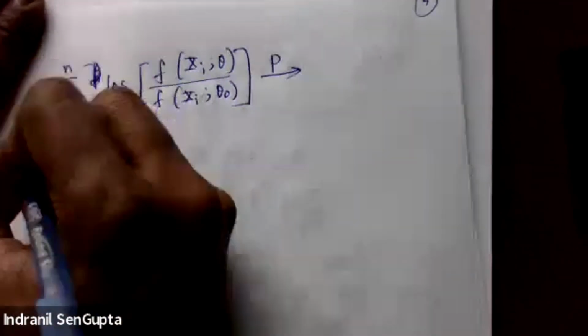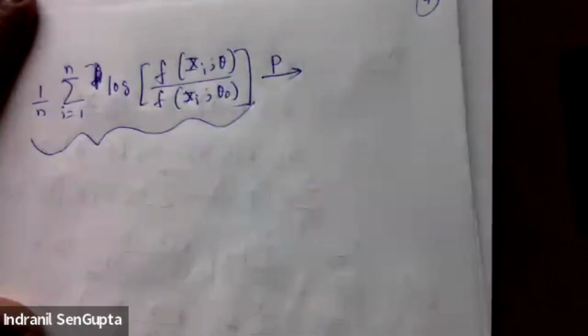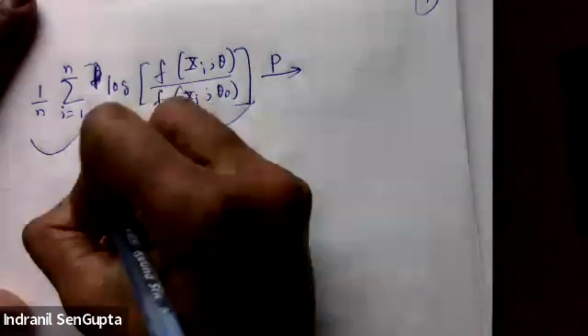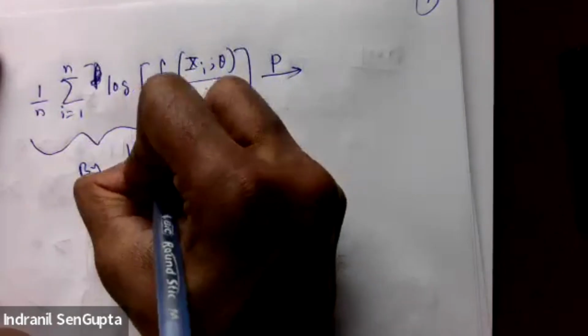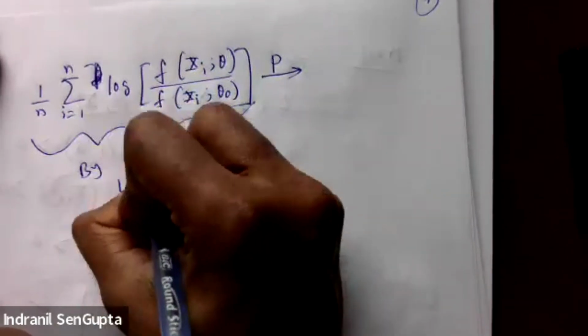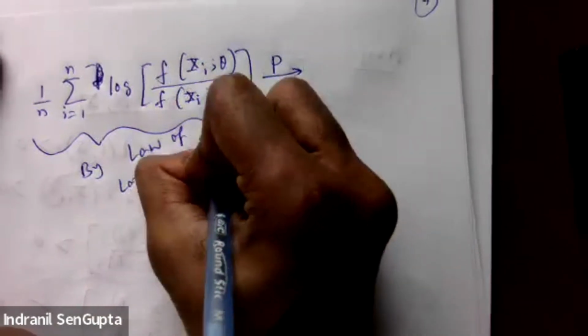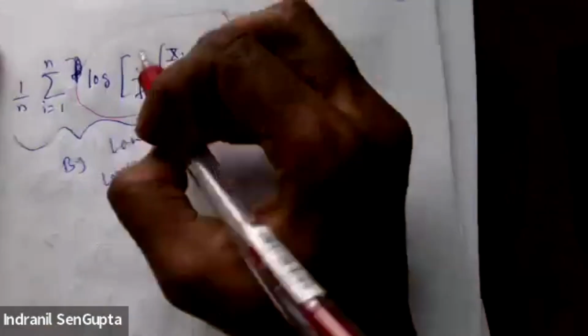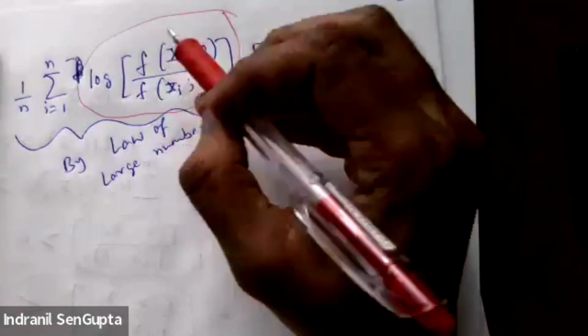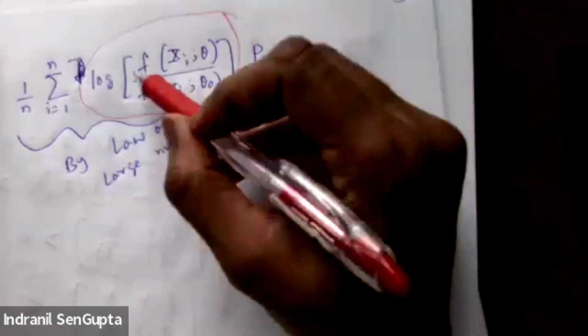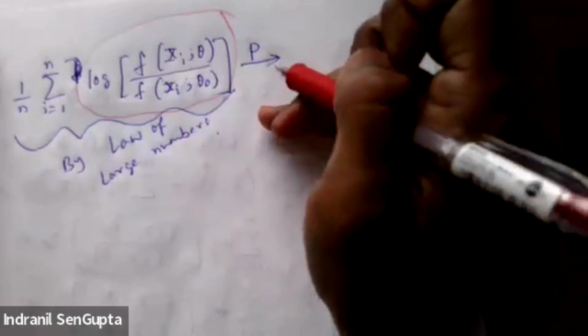Now by the law of large numbers, where does it go? If you have a bunch of terms like this, they are IID, because the x_i's are IID and these quantities are functions of x_i.